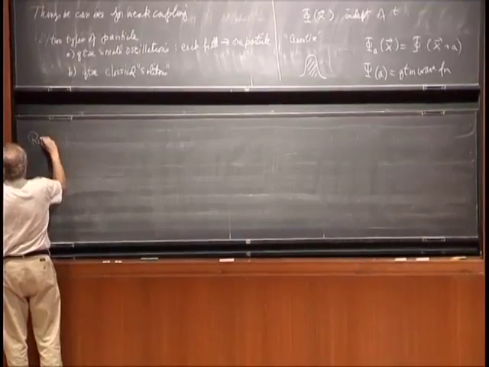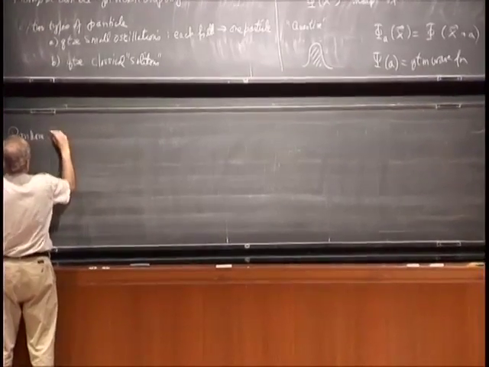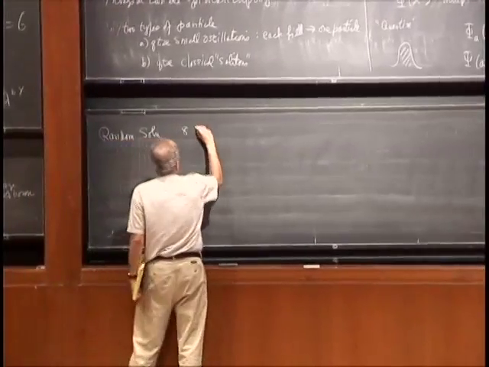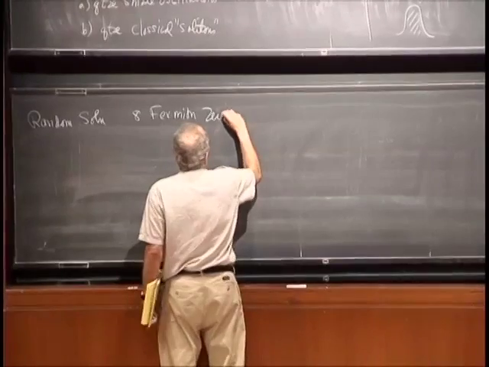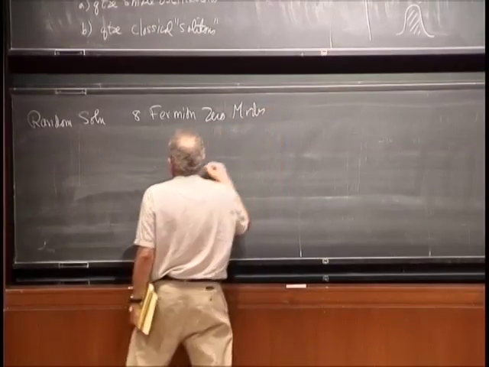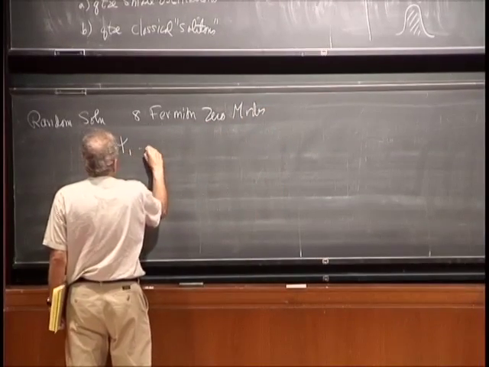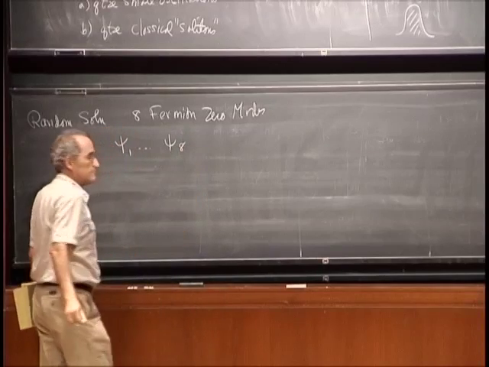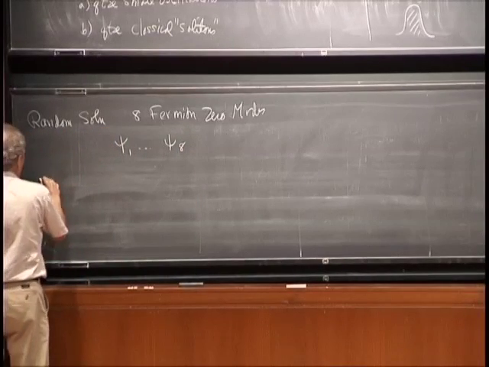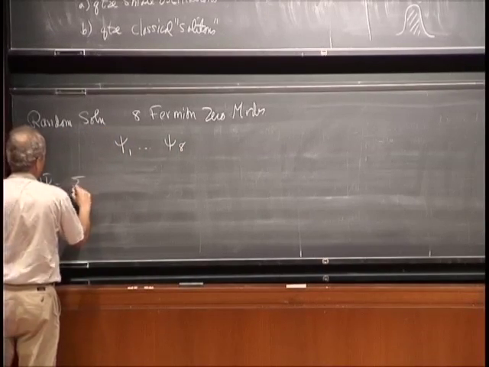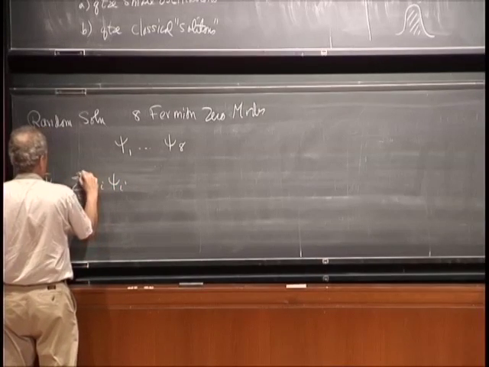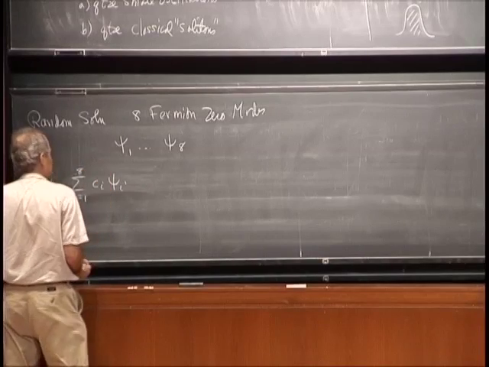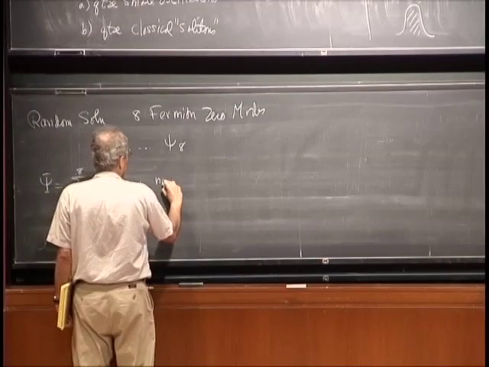Let's call them psi 1 up to psi 8. And then we would write psi as the sum of C_i times psi_i plus contributions from non-zero modes.